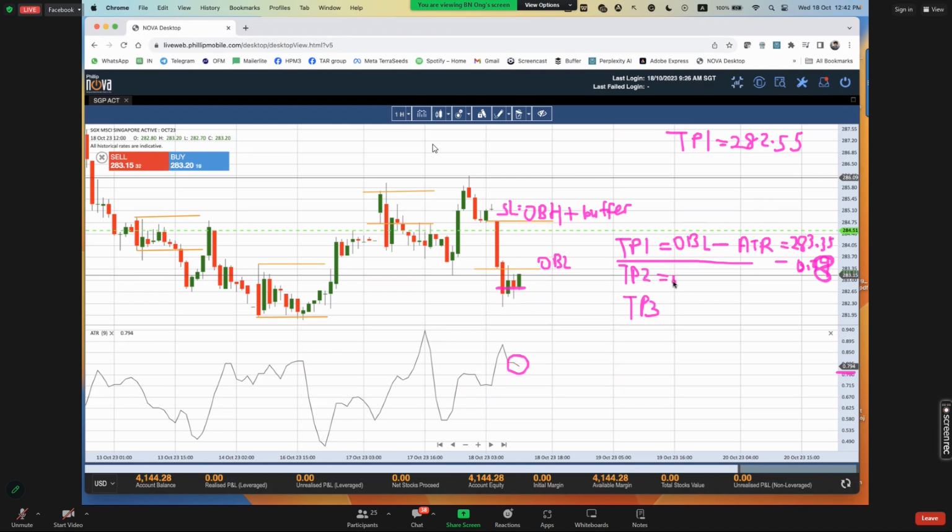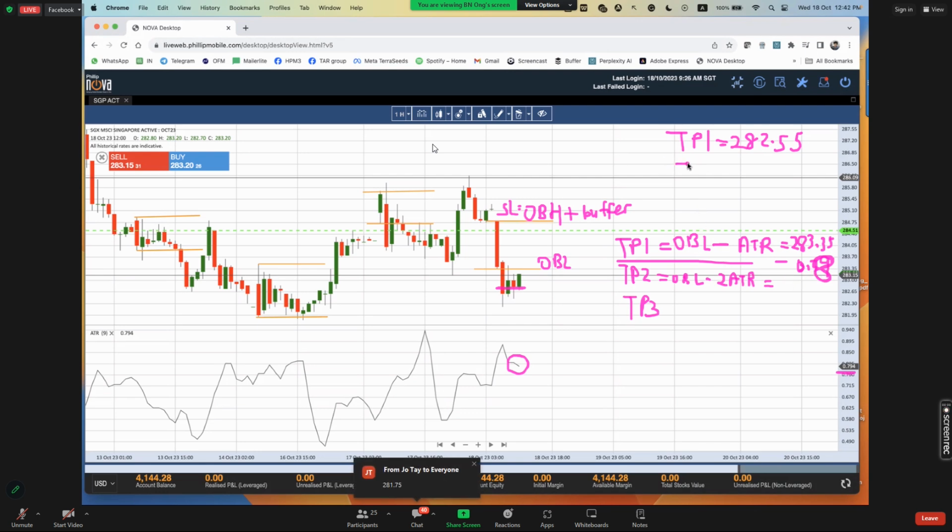How to get the second TP? OBL minus how many ATR? Yeah, 2 ATR. Okay, so it means that it's 283.35 minus 2 times 0.8. That's 1.6. So it's the OBL minus 0.8 times 2.